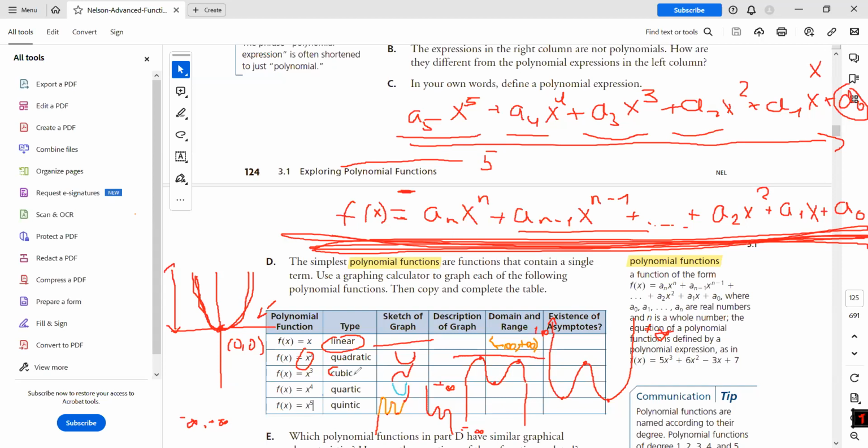Remember, for an odd degree function, we have local minimum and maximum, right? For an even degree function, we also have local minimum and maximum, but some of them are absolute extrema. There is such a word, which means the smallest value of the function.